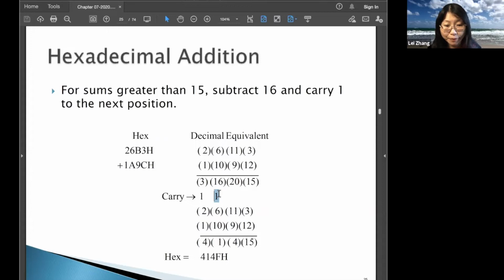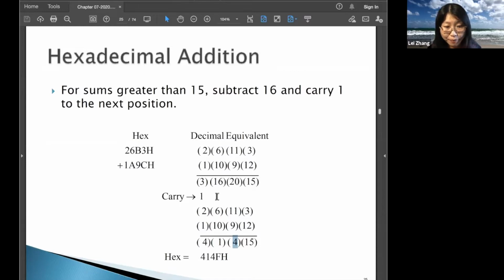This carry bit is generated by this 20 here. So 20 minus 16 gives us 1 carry bit, and we have a 4 left on this digit.